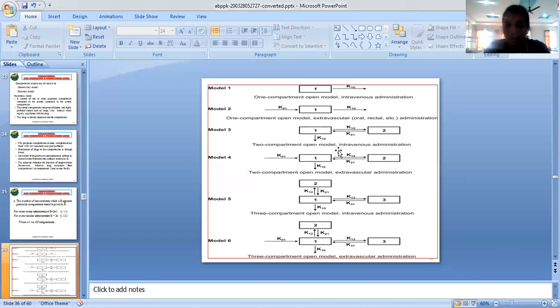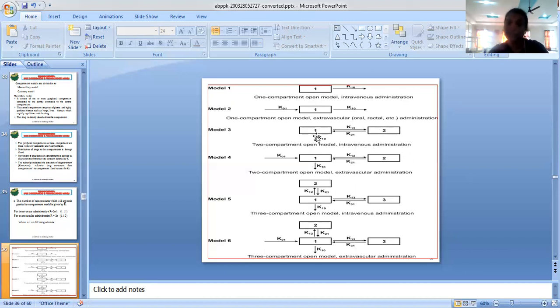Here is the 2 compartment model, intravenous administration, same thing only. Since the drug is administered intravenously, the only difference is that 2 compartments are involved. This is one compartment, this is the second compartment. Here 1 is always the central compartment, and 2 is connected to it.